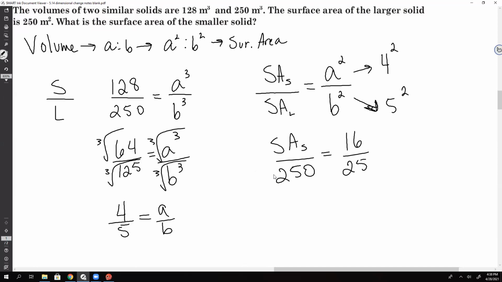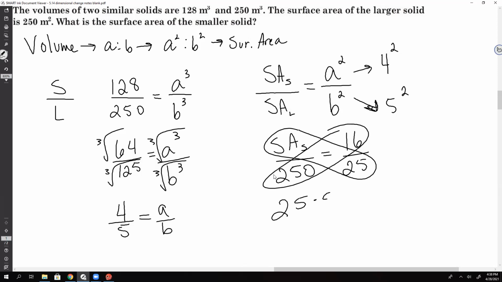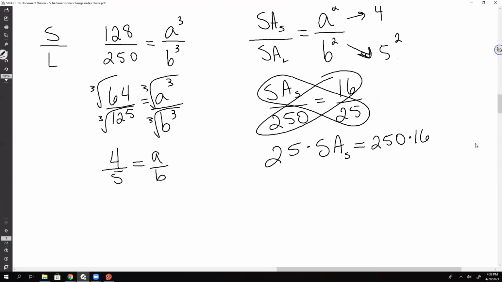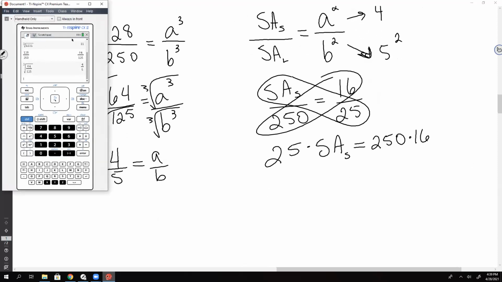And now we have a proportion. Cross multiply and divide. Do this cross product here, that cross product there. So 25 times the surface area of the small figure is equal to 250 times 16. So I'm going to multiply 250 times 16. That's 4,000.